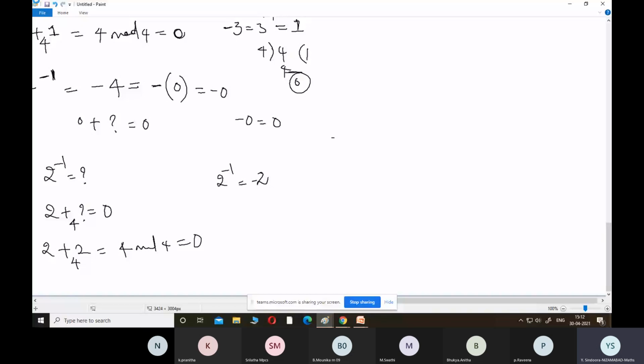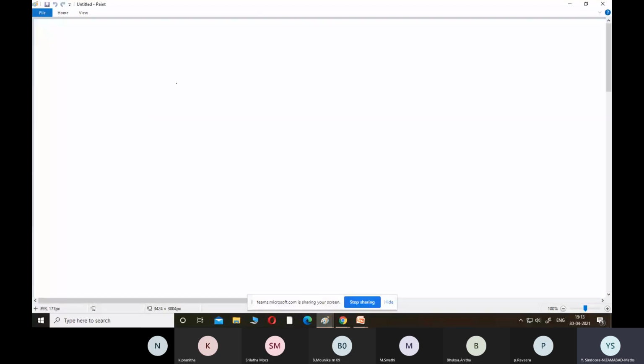Right, let me take a new page. Just a second. Let us go for subgroup. Let us go for the subgroup definition. So I have the subgroup definition here.